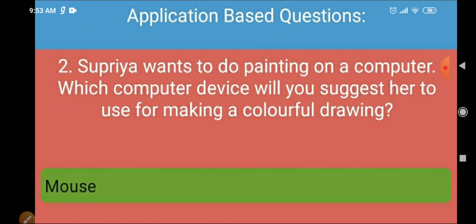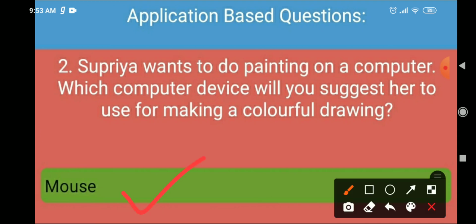Which computer device will you suggest she use for making a colorful drawing? Now you all have used Tux Paint. In Tux Paint we do the drawing with the help of a mouse. So mouse is very important in making a colorful drawing on the computer.